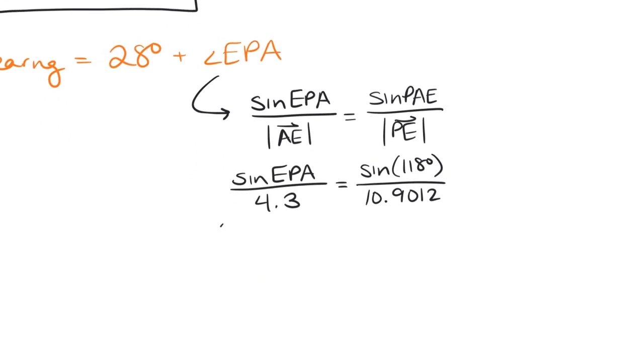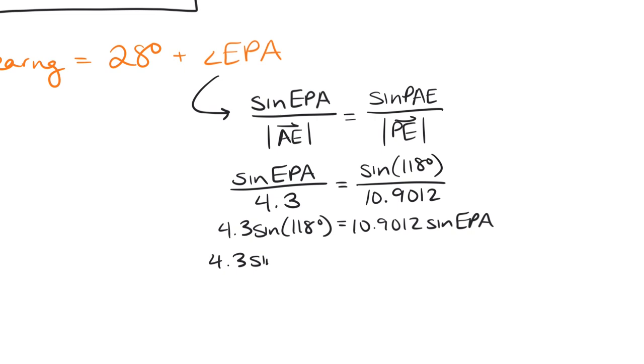We cross multiply. 4.3 times the sine of 118 degrees equal to 10.9012 times the sine of EPA. We're dividing by 10.9012. That's going to be equal to the sine of EPA.